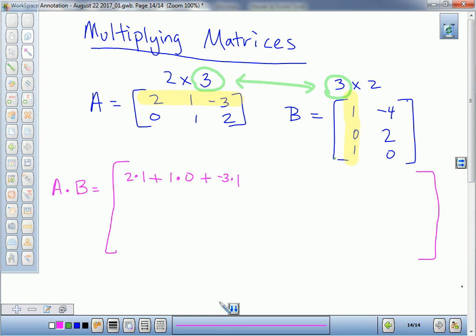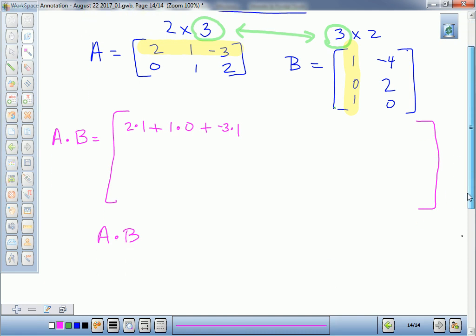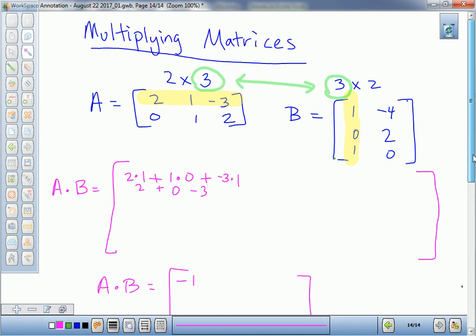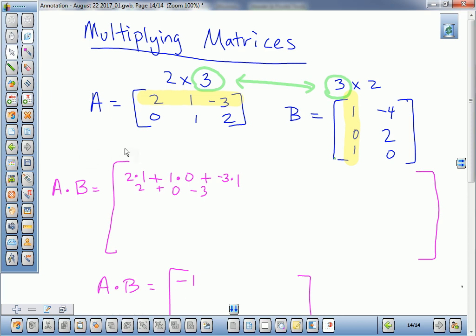So 2 times the negative 4 plus 1 times the 2 plus negative 3 times the 0. Negative 3 times 1, sorry.